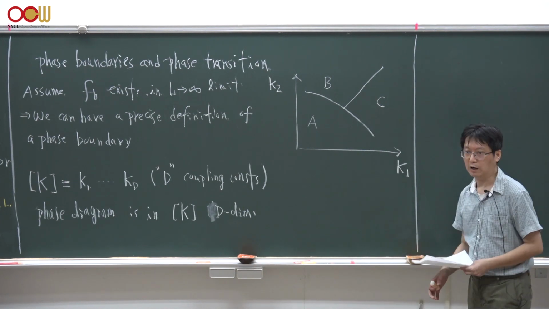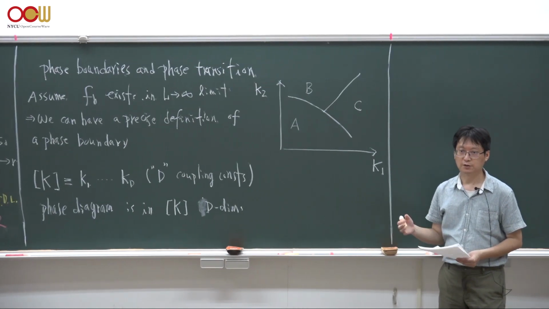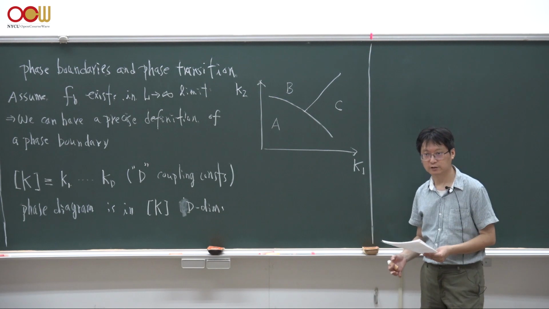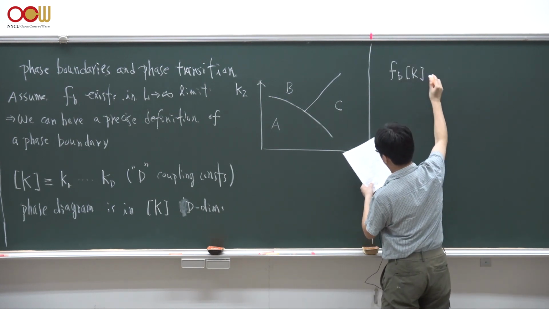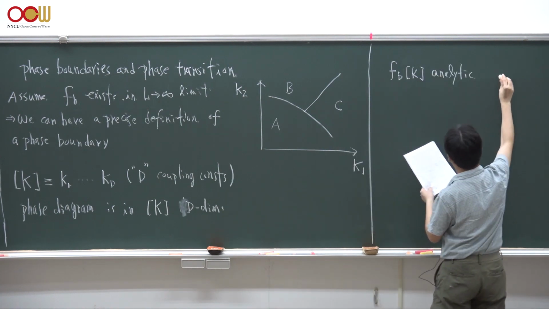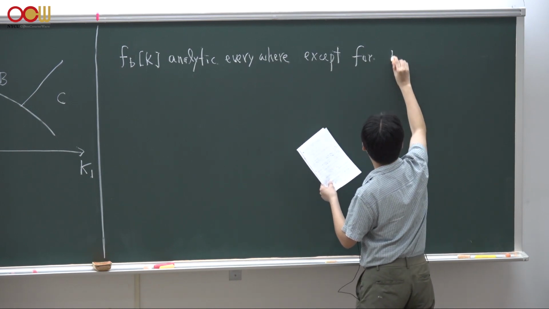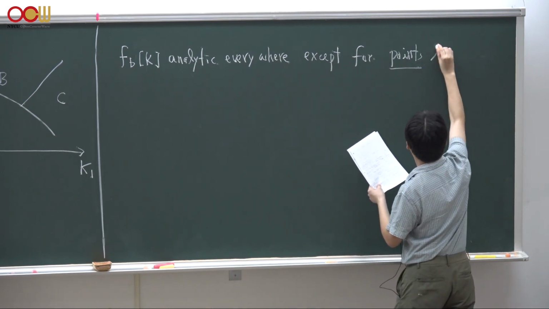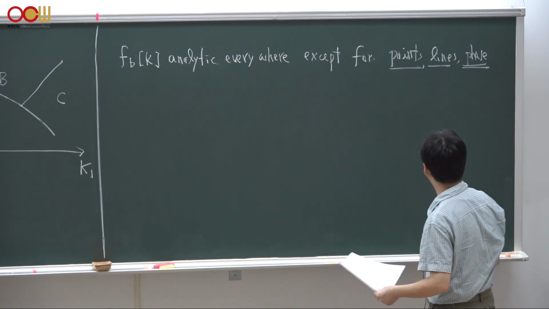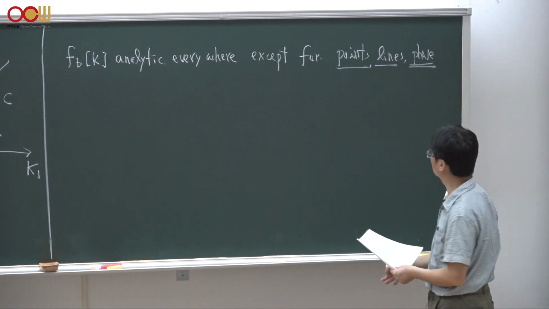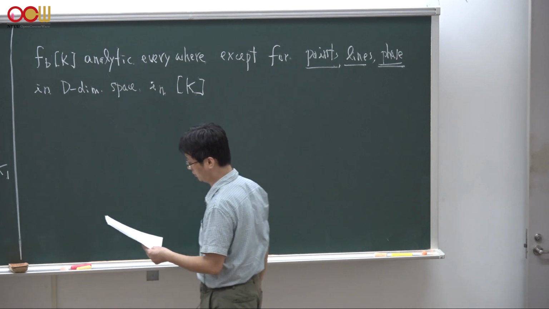And we know that whenever there's a phase transition, the bulk free energy becomes singular or non-analytic at that point. This FB, as a function of the coupling constants, is analytic everywhere except at the phase transitions. But this phase transition could be a critical point or a critical line or a critical phase. The geometry, the shape of this critical point, critical line, and critical phase all live in this d-dimensional coupling constant space.